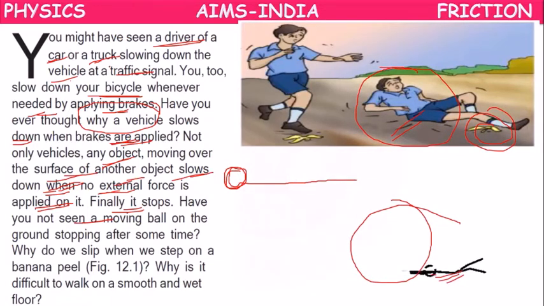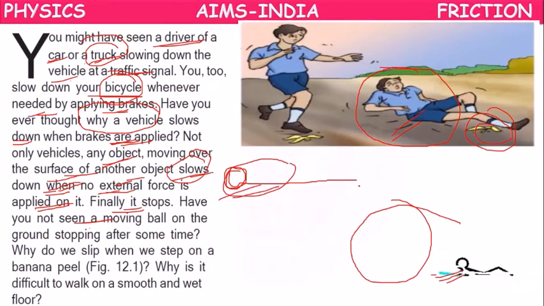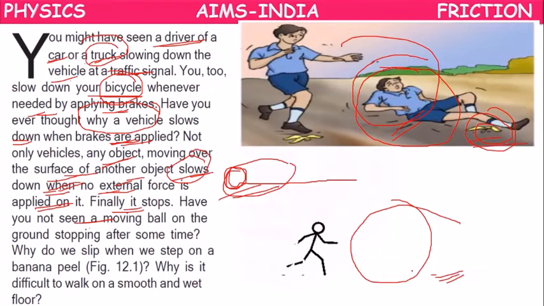So we slow down our vehicles, or stop our bicycle by applying brakes, or an object slows down when it is rolling on the ground, or a moving ball stops after rolling for some time, or we fall down when we step on a banana peel, or when we run on a wet floor, we fall down.